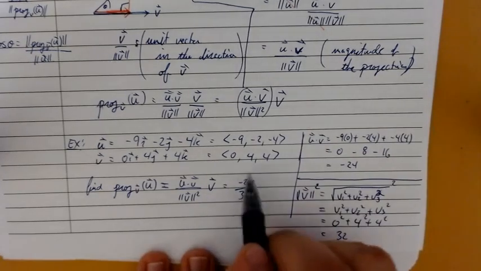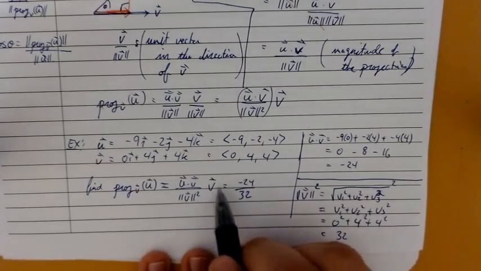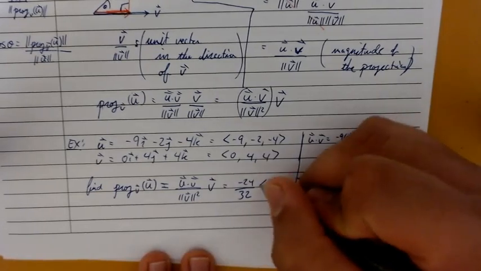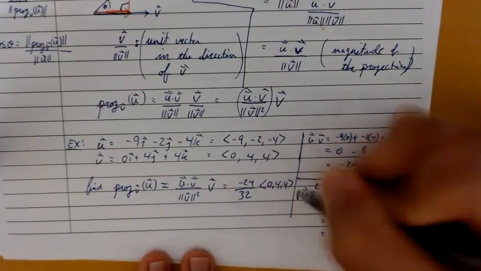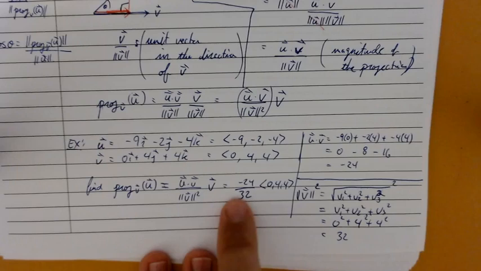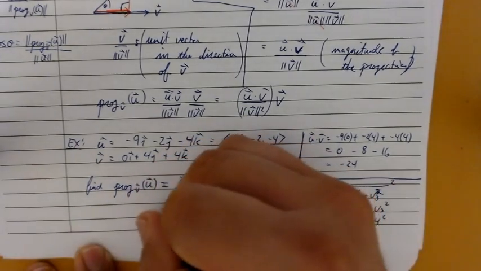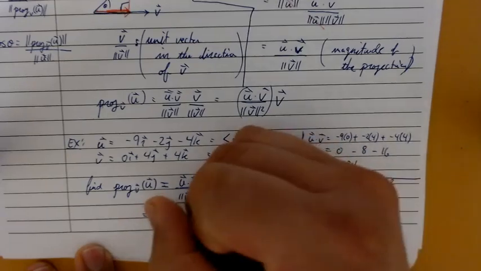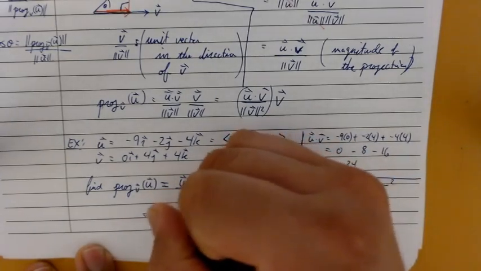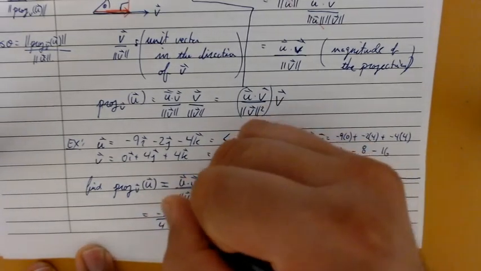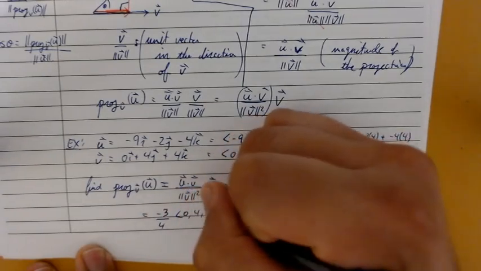And finally, we're going to take that scalar, we're going to multiply it by the vector v, which is 0, 4, 4. Note that 24 over 32 does reduce. We can divide everything by 8. So here that'll give us negative 3 over 4 times 0, 4, 4.